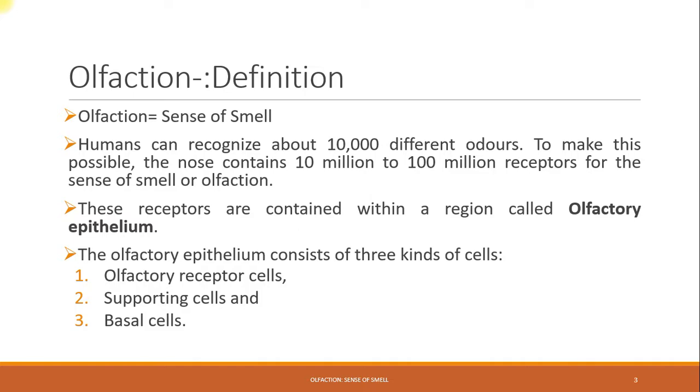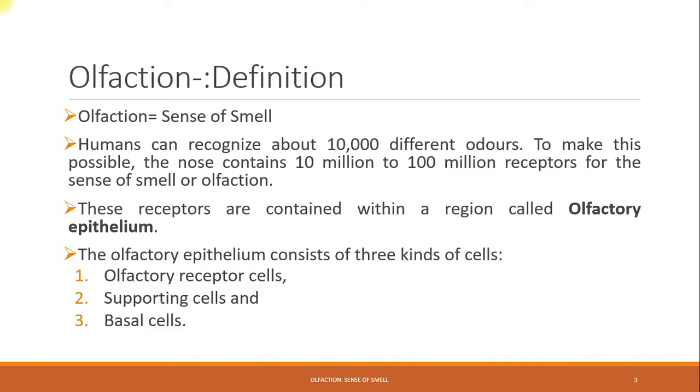Okay, so these receptors are contained within a region called the olfactory epithelium, and the olfactory epithelium consists of three kinds of cells. The first one is the olfactory receptor cell, the second is the supporting cell, and the third is the basal cell. The types of cells are similar to the cells that form the taste bud.